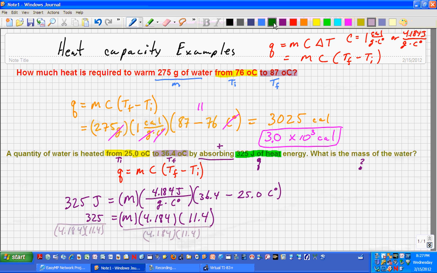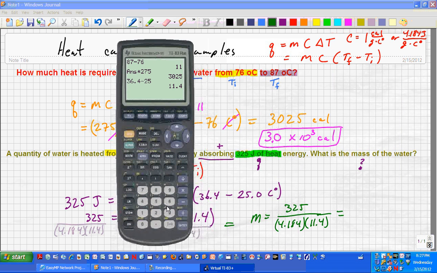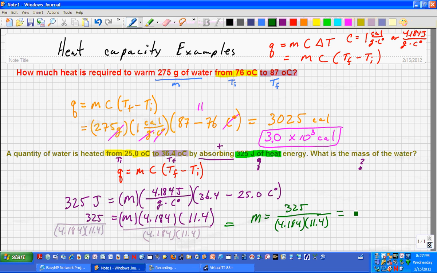So what I'm going to wind up with is M is equal to 325 divided by 4.184 times 11.4, which is going to be equal to, let's go ahead and do that now, 325 divided by 4.184, hit enter, and then divide that by 11.4, hit enter, and we get 6.81 grams.